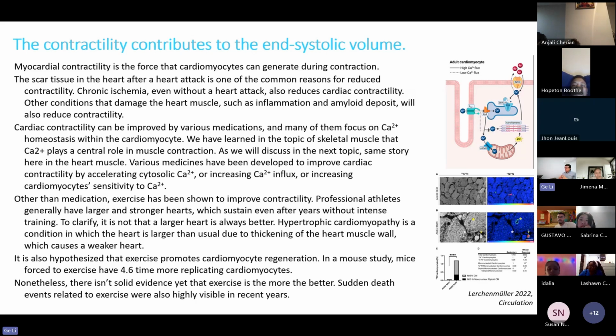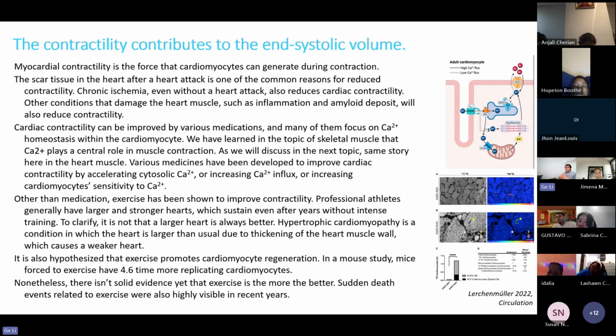Exercise for sure can make the contractility stronger. People have shown that for athletes, for example, after years of training, even after they stop professional training, the stronger heart remains at least for years, if not for a lifetime.